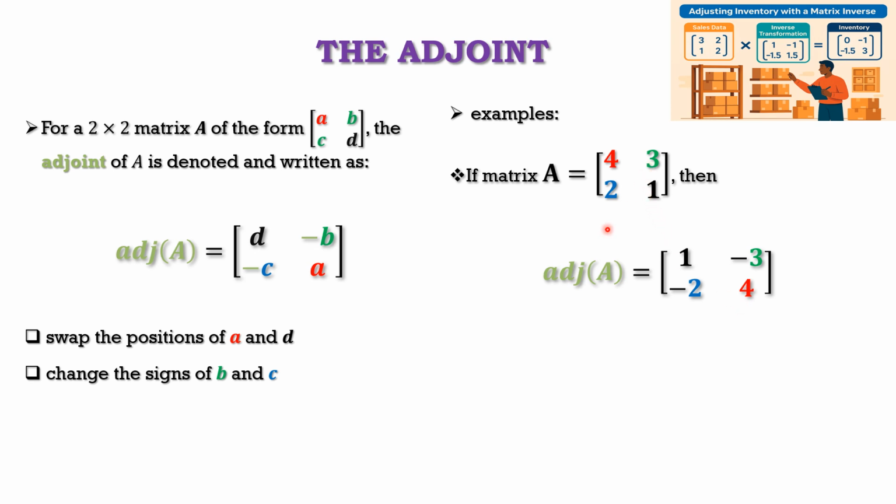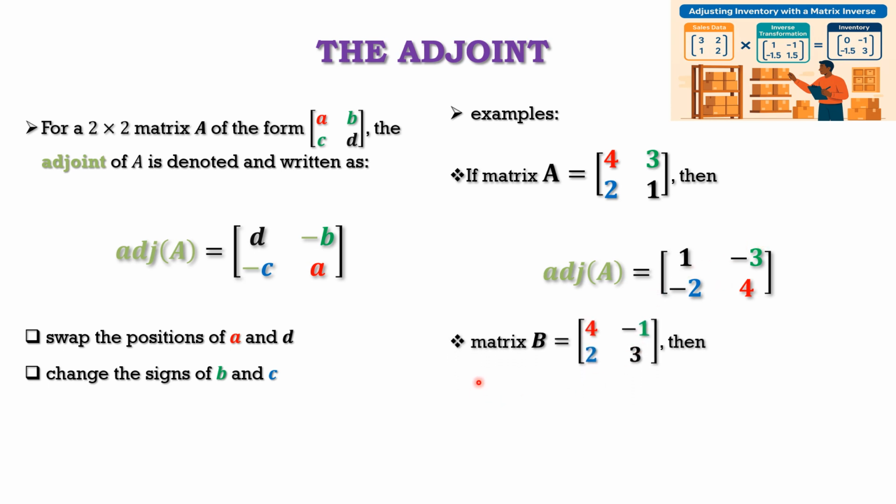Then we add negative to the next diagonal, which will be 3 and 2. So negative will be added to 3 to be -3, and negative will be added to 2 to be -2. So if I want to find the adjoint of matrix A of this form, I will swap the position of 4 and 1 and add negative to the next diagonal element.